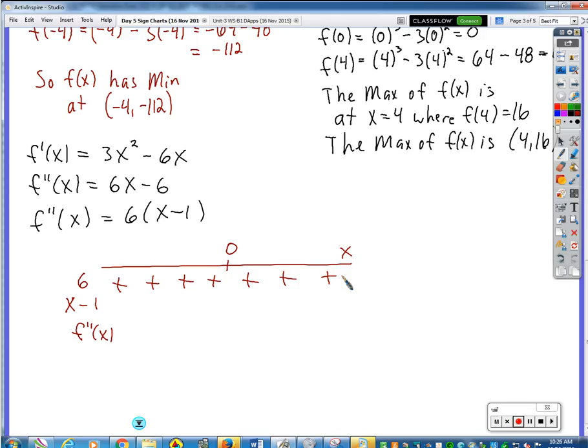Keep your hands up. The way you read the chart is you say, if x is a very negative value, what's 6? Positive. If x is 0, what's 6? Positive. Does anybody understand this? Anyone have a question?